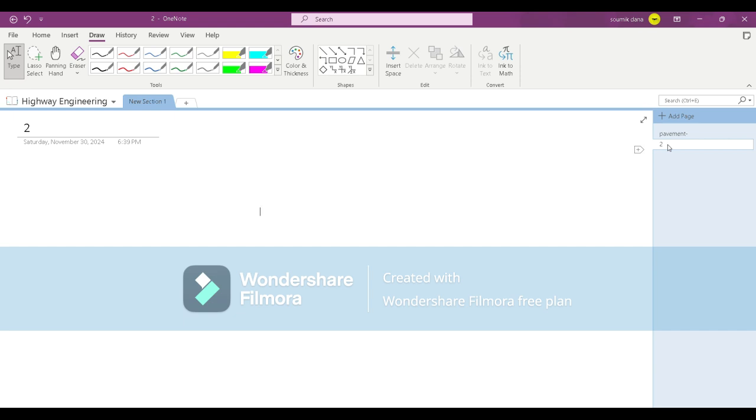So what types of layers are available for flexible pavement?